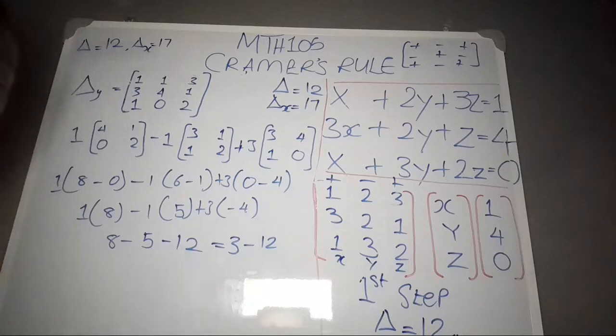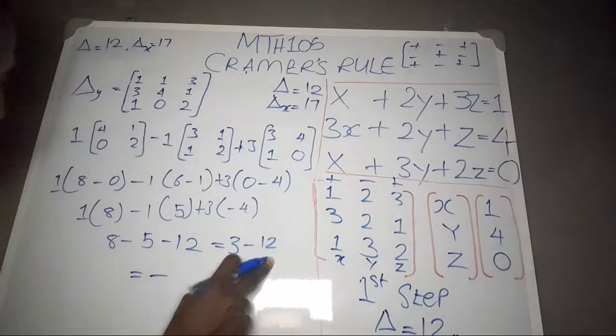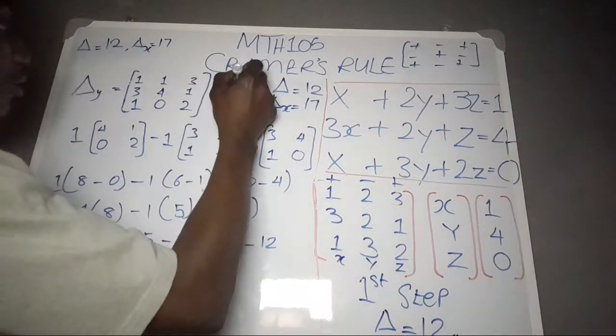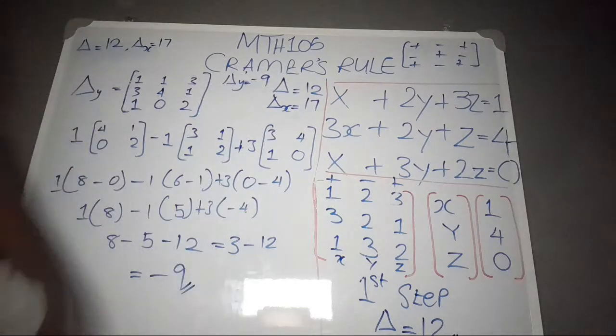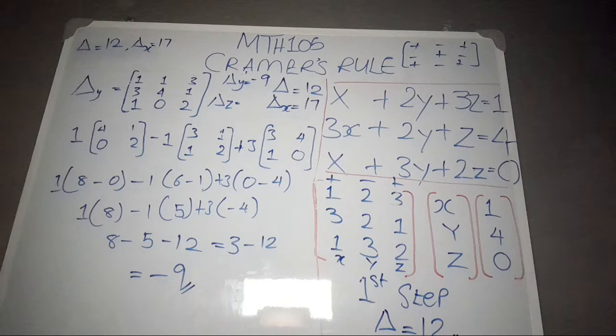So this should give us minus 9. So we are good. That's minus 9. So for y, minus 9. So now that's, sorry, for z. I believe we are all together on this.